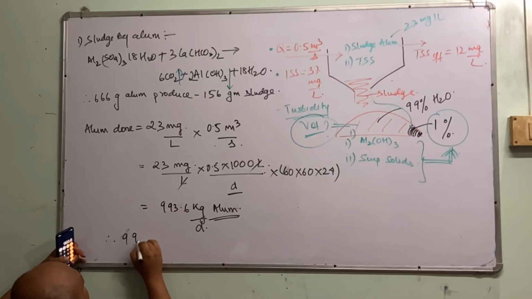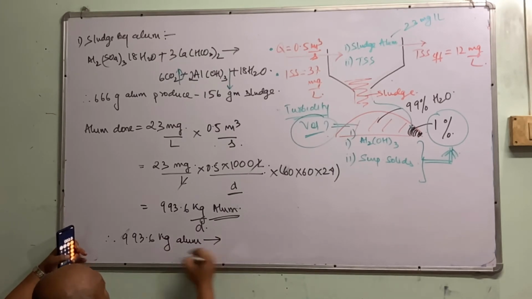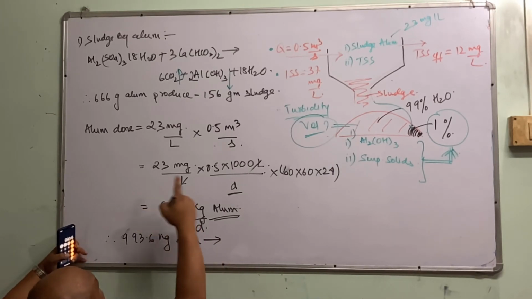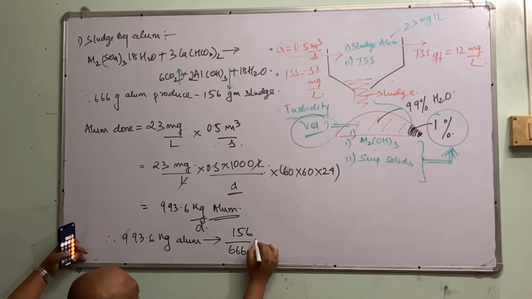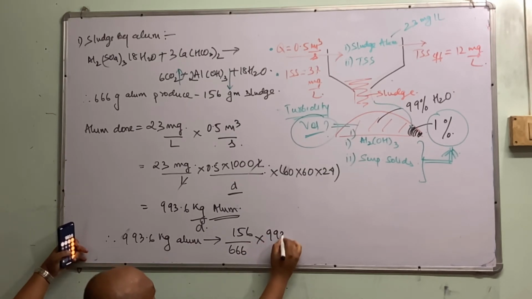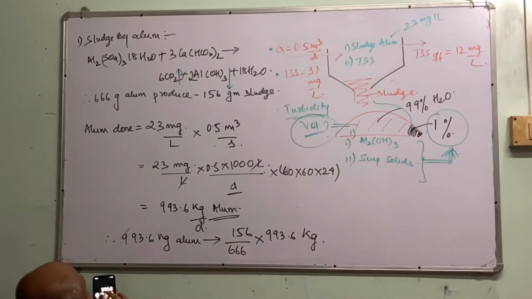Therefore, 993.6 kg of alum will yield 156 divided by 666 into 993.6 kg.